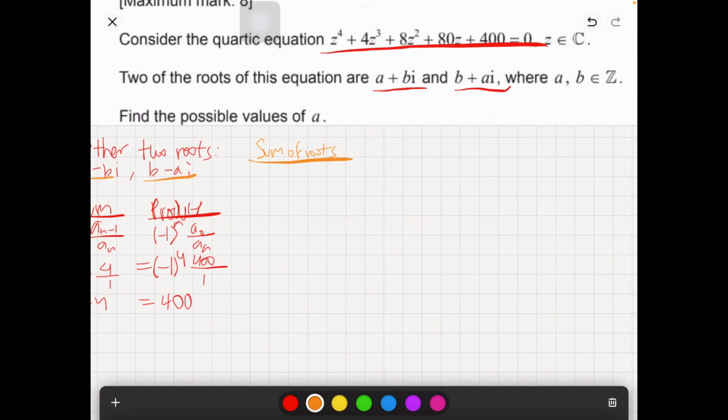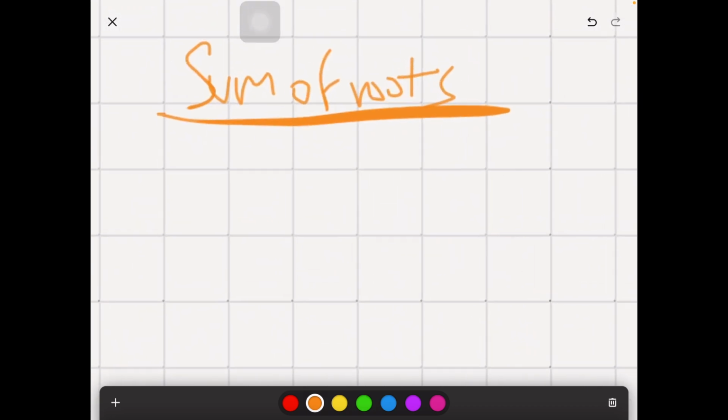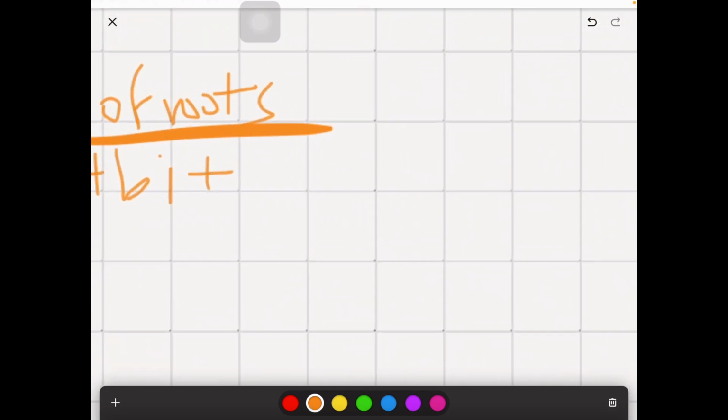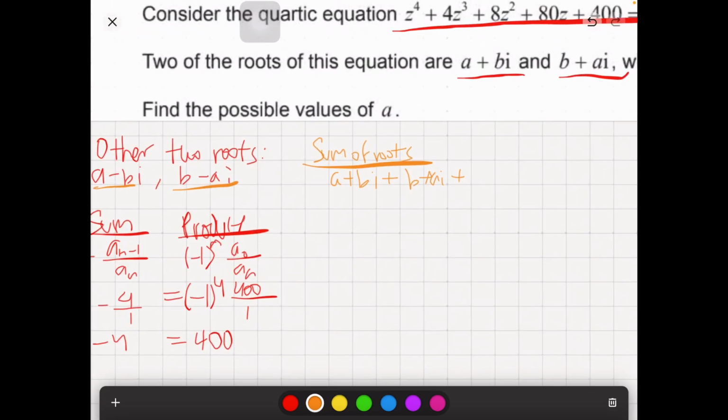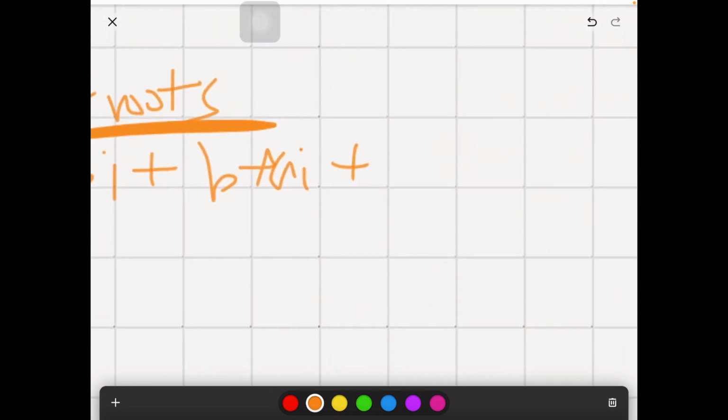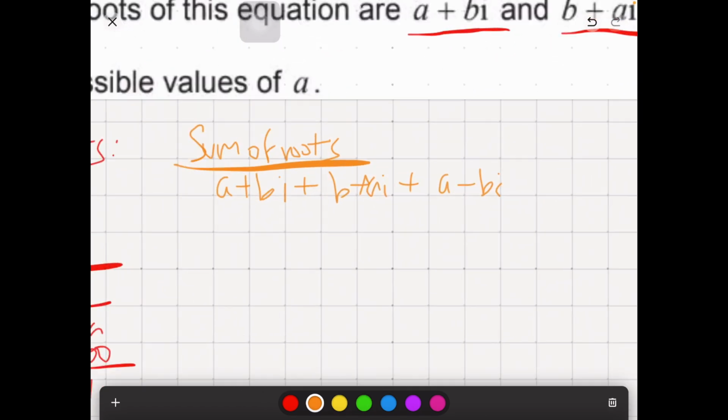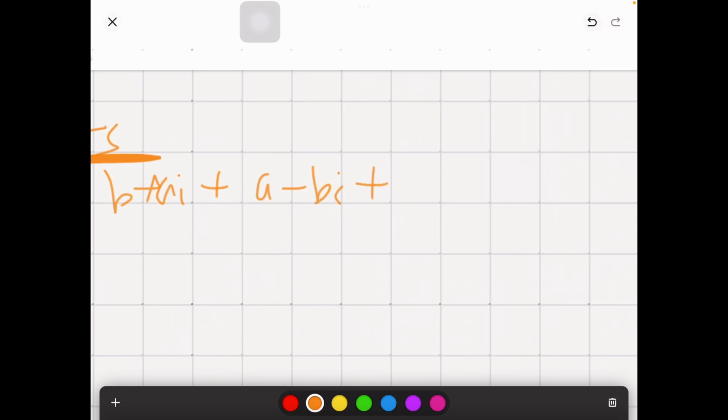So the sum of the roots is going to be equal to a plus bi, plus b plus ai, plus a minus bi, plus b minus ai.